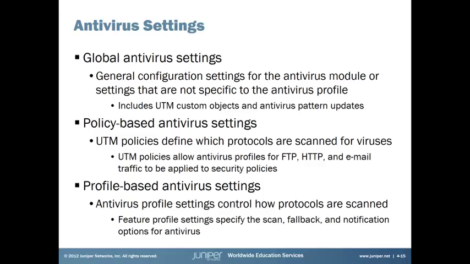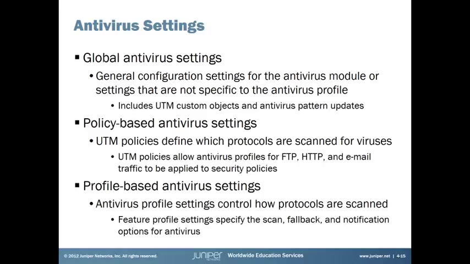And we have protocol-based antivirus settings, where we're going to control how protocols are scanned. We'll look at feature profile settings, which specify the scan, fallback, and notification options for antivirus.